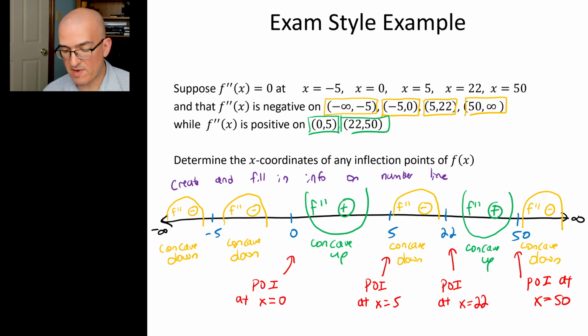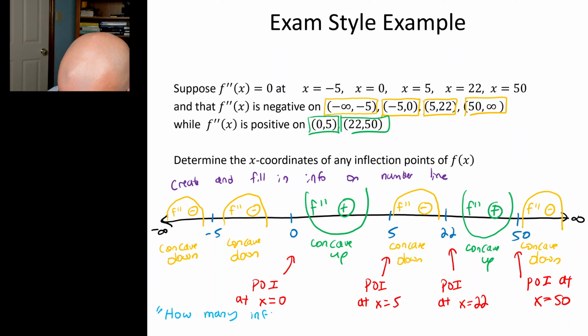And this type of question might ask, how many inflection points are there? So the answer is 4.